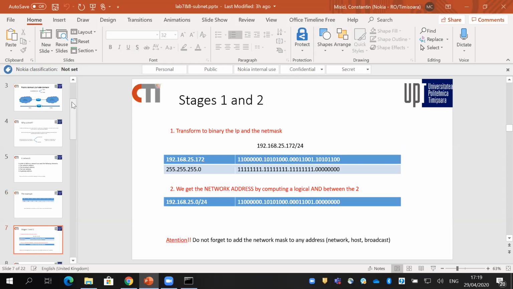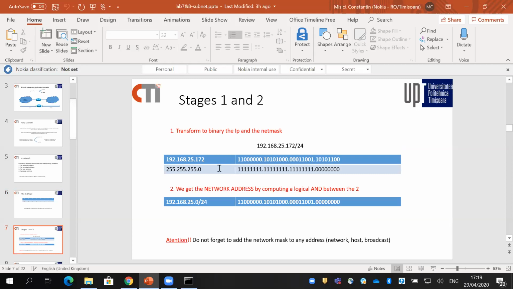So the first thing that we have to do is transform the information that we already have into binary. If we have the IP address 192.168.25.172, you have beneath it the binary transformation of both the IP address and the network mask.